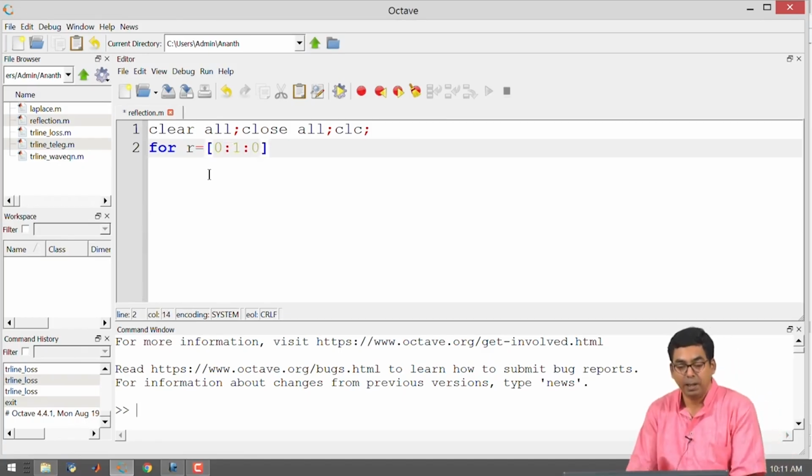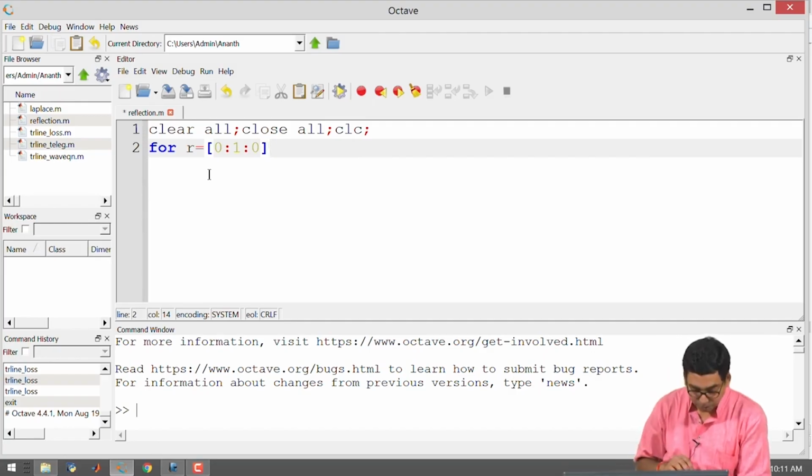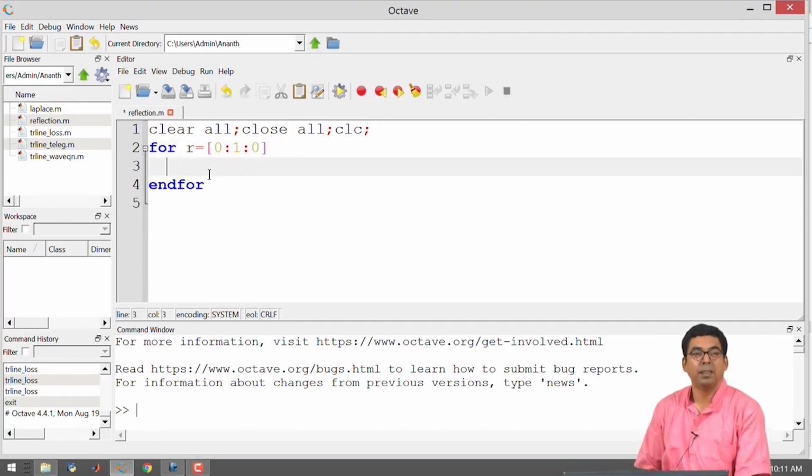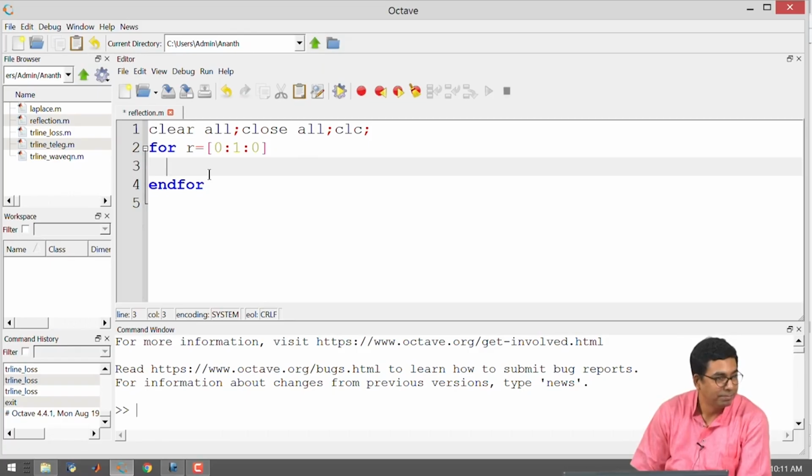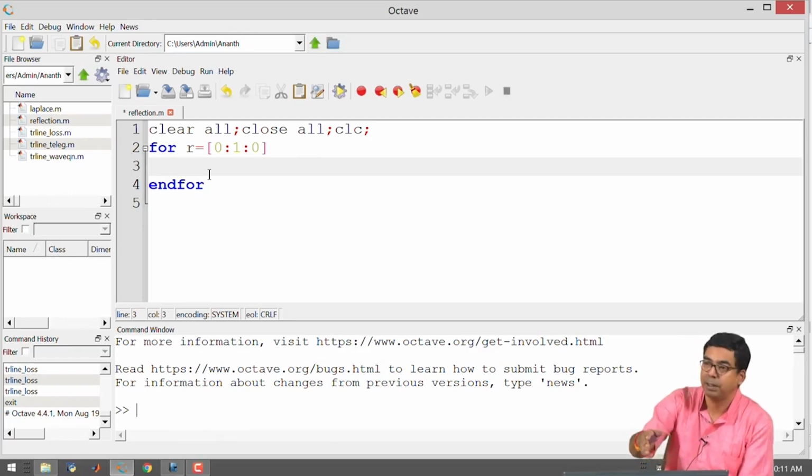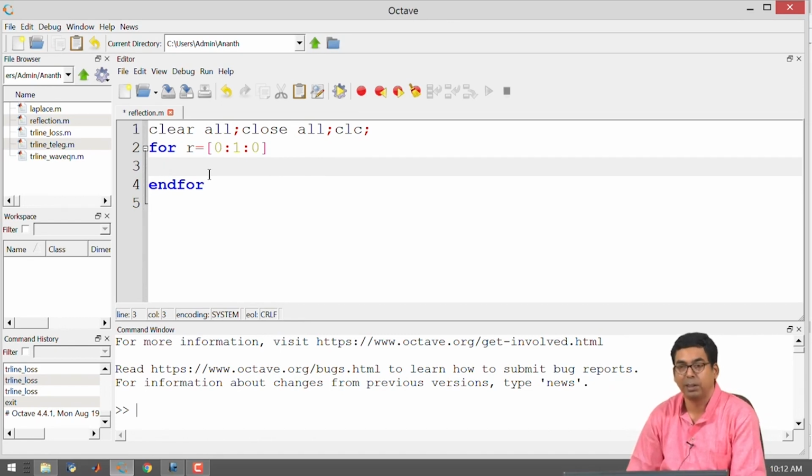Here what I am just saying is, for R is equal to 0 colon 1 colon 0, that means I have fixed R to be 0. Later on I would like to add a series of R's, so that is why I am writing the program using a for loop. Normally one could fix the value of R to be constant 0. I want to understand the effect of X.